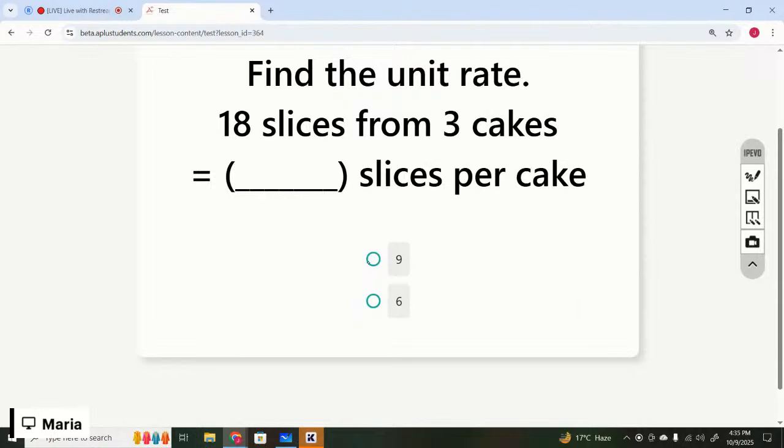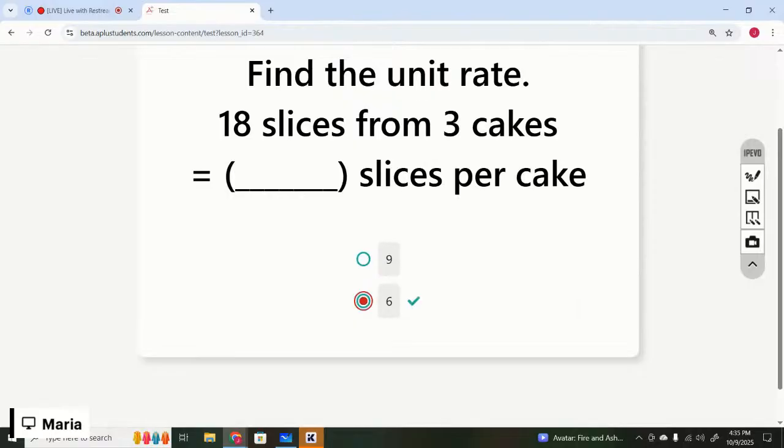Find the unit rate, 18 slices from 3 cakes. So how many slices per cake? The correct option is 6.